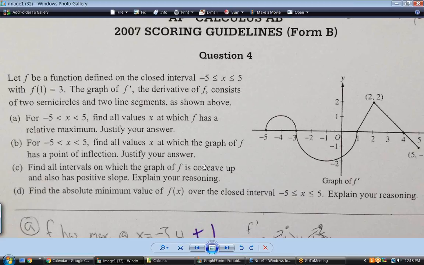Concave down means the second derivative has to be negative. So starting from the left, remember the second derivative is the first derivative of this function, right? So where is the second derivative positive, starting from right there?